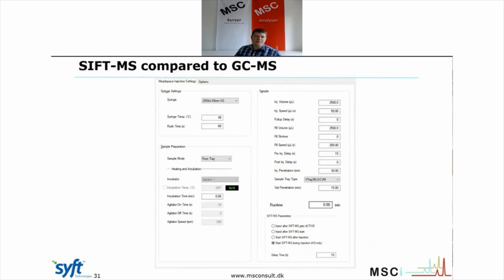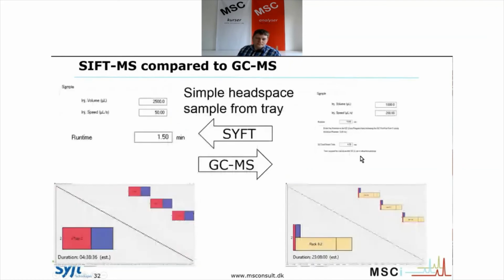Now I'll try to compare the Syft-MS to GC-MS. I made some static headspace methods, and the first one you can see here, we take from the tray. This is a window from the Gerstle software. So we take the sample from the tray and we do the analysis. Now in the next picture, I'm just showing what's different from the method I showed before for each different one.